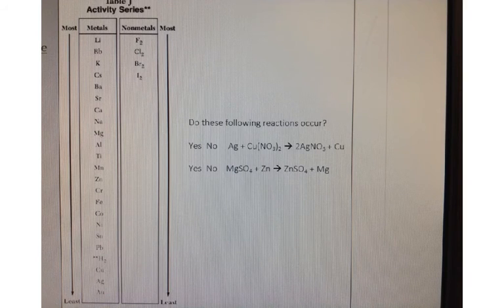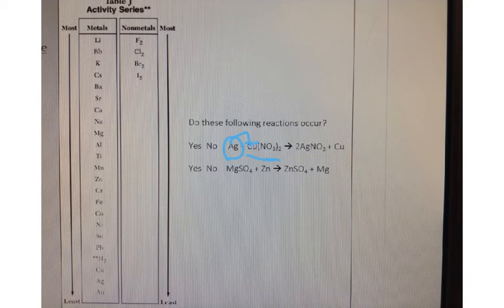So let's just try some problems. Would these reactions occur? What you want to do for single replacement reactions is you always want to check the activity series and see if this reaction would actually occur. So you need to check, is Ag, which is the element by itself, higher than Cu, which it would be trying to kick out?